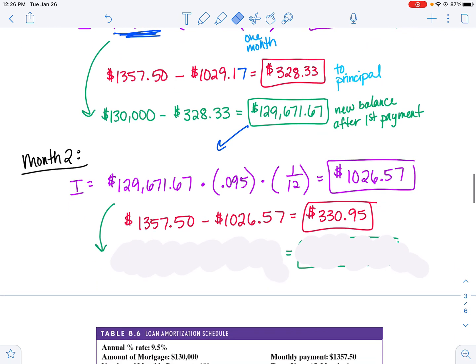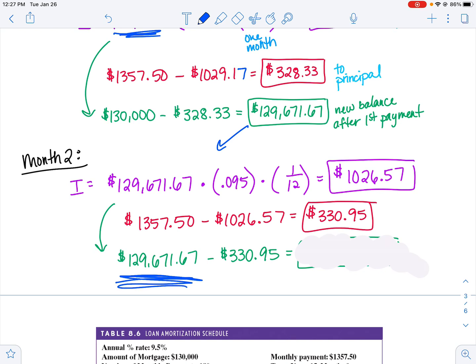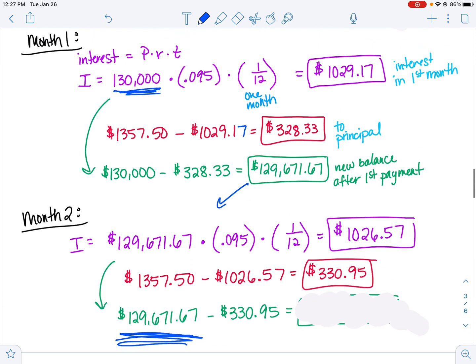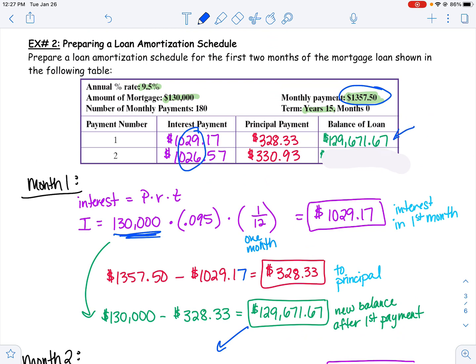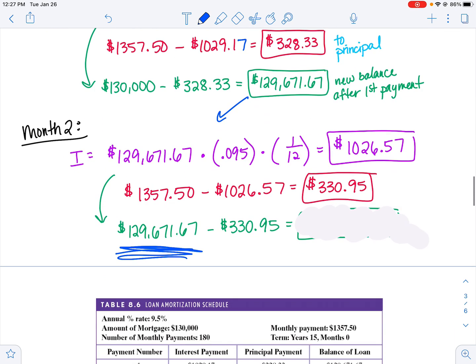All right, if $330 came off of my balance, let's figure out what my new balance is. Now be careful. Remember, we want to start with the balance at the end of that first month, not the original balance, because I already made one payment. Now after making my second payment, I want to figure out how much is left over. So I'm going to take the balance after month number 1. I'm going to subtract the amount that came off of my principal to figure out my new balance after month number 2.